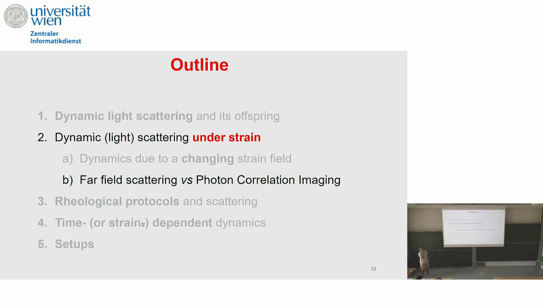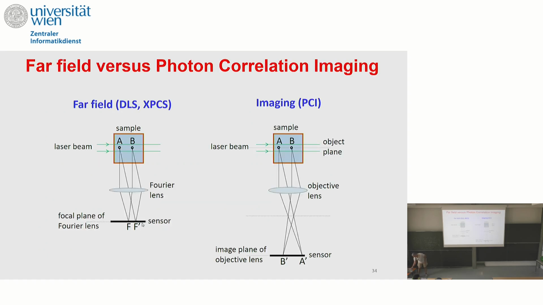Okay, so far we have considered scattering experiments in the far field geometry. That means basically that you are illuminating your sample with a laser beam, let's say in low angle would be like that, and then look at the scattering pattern very far from the sample.